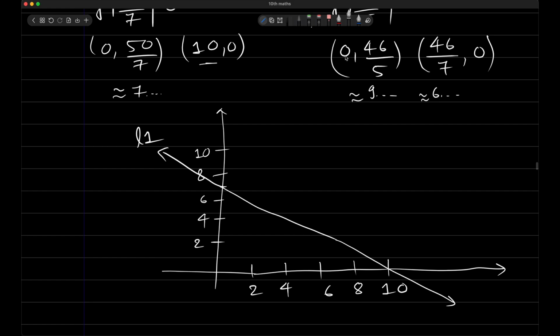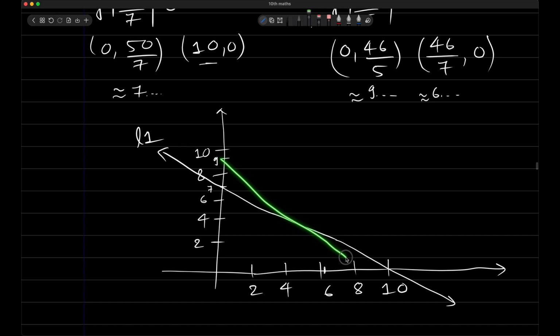When x is 0, y is 9 point something, and when x is 6 point something, then y is 0. So the line passes through x is 0 comma 46 by 5 and x is 6 point something and y is 0.